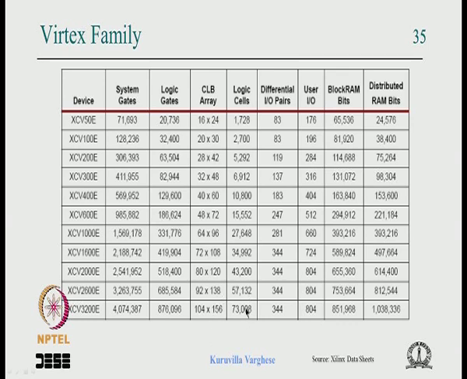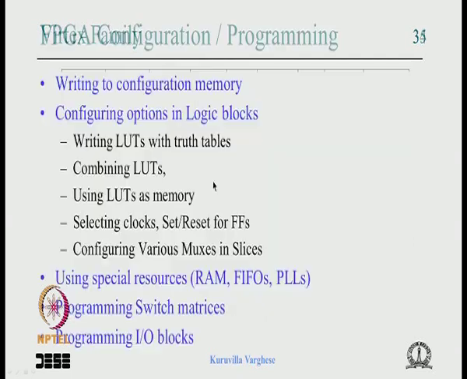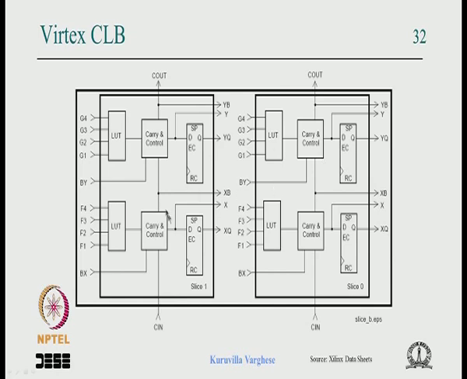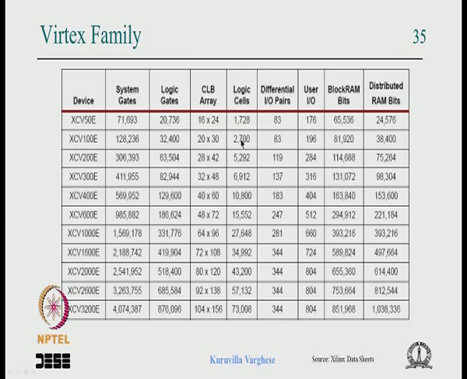Now you can disregard this logic cell count, because you see the 20 into 30 is 600, and we have seen that there are 4 identical logic cells, and 600 into 4 is 2400, but they have shown a little bit of scaling up to accommodate the extra overhead circuitry, which itself can sometimes be used, because there is some overhead circuitry used to combine the logic resources, but at times that itself can be used for some kind of logic implementation.